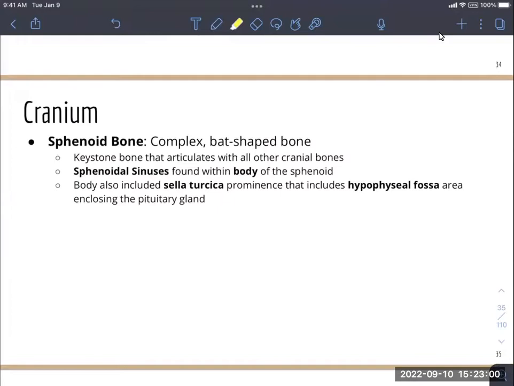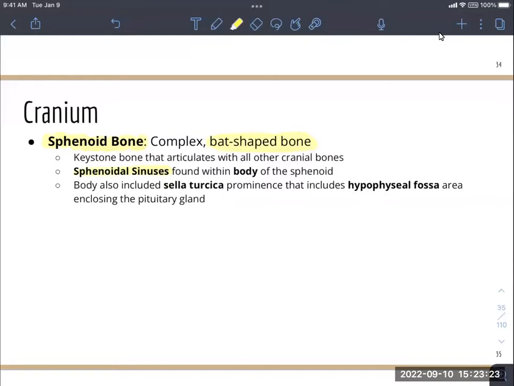Another bone in our cranium is called the sphenoid bone. The sphenoid bone is said to look like a bat. Kind of does. But it has the sphenoidal sinuses in the sphenoid bone.